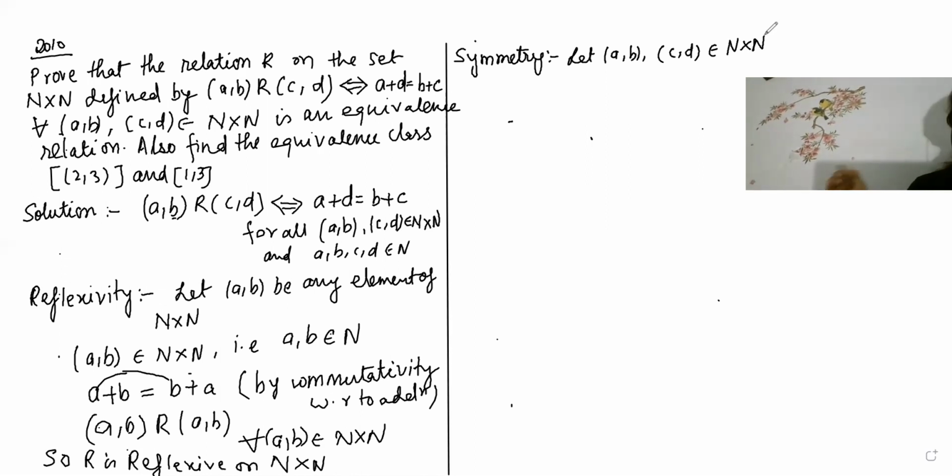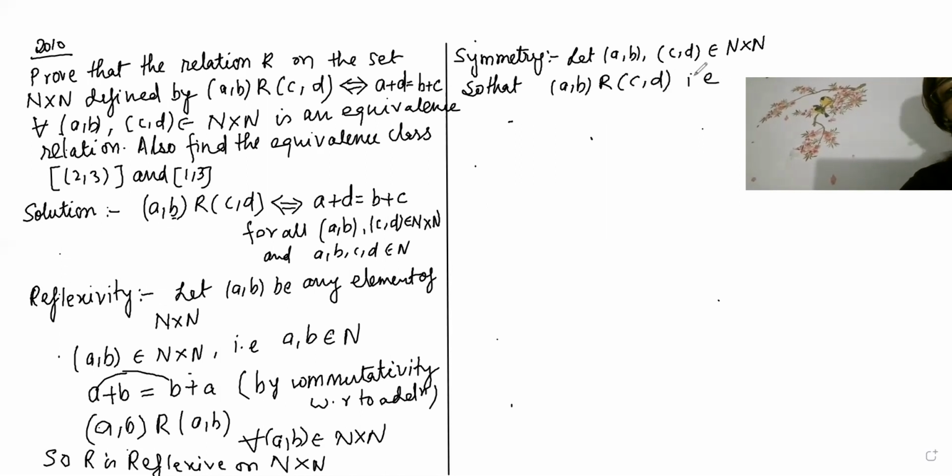For symmetry, we start so that we know A comma B is related to C comma D. That is, A plus D is equal to B plus C.